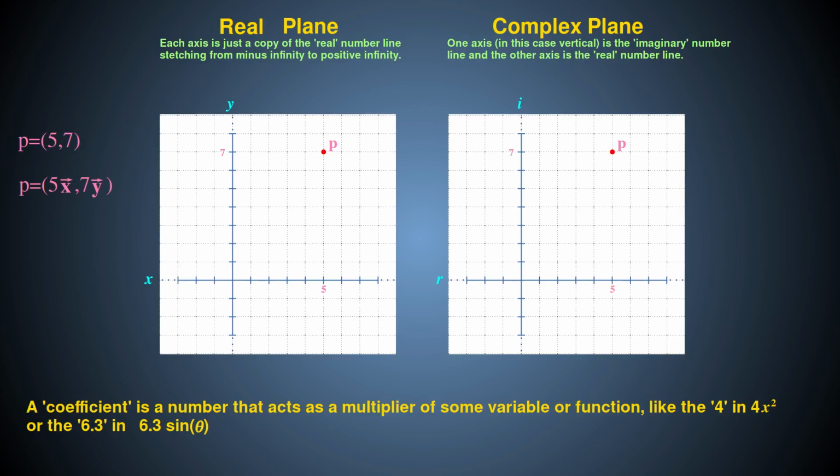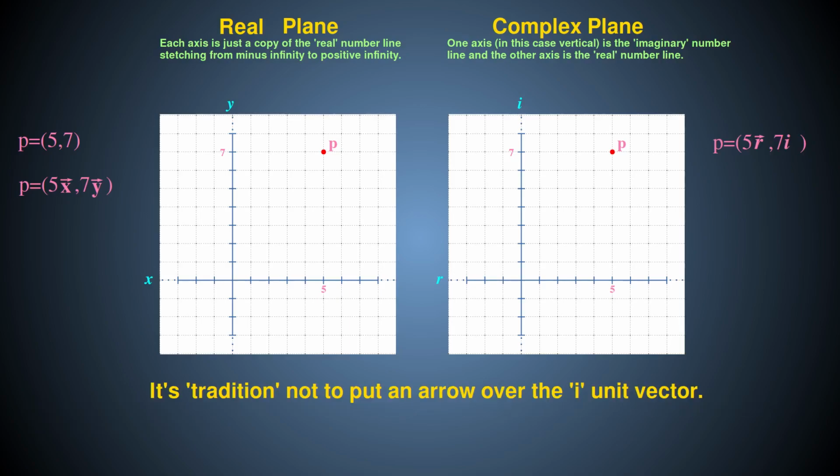The complex numbers are also like this, because they too represent coordinate points, but on the complex plane. If we were to write a complex number out in full, we would write something like this: 5r, 7i, where r is the unit vector travelling 1 unit along the positive real axis direction, and i is the unit vector that describes travelling 1 unit along the positive imaginary axis direction. It's tradition that when you write down a complex number, you omit the r.